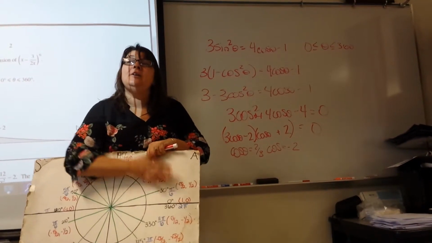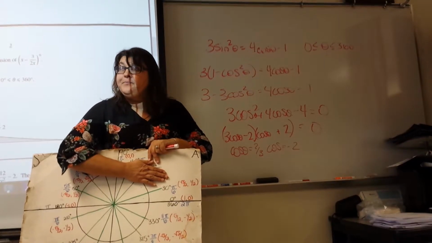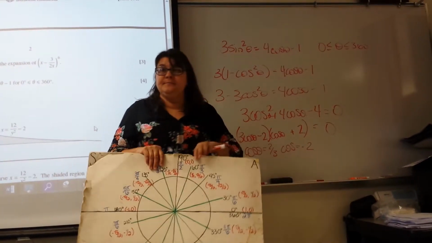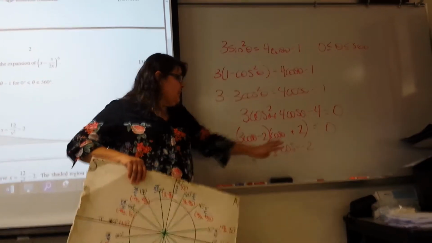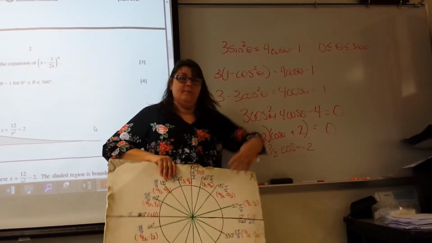Your x's are your cosines, so your x's are positive here and here, right? And where is your cosine negative? Here and here. So the answers that match with this one would be in the negative land, and the ones here would be in the positive land.